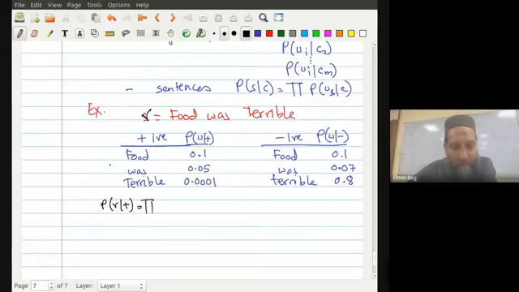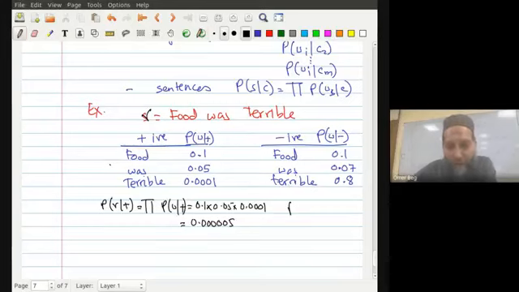We would be multiplying all these probabilities of the words for the positive class, 0.1 multiplied by 0.05 multiplied by 0.0001, and that would be 0.0000005. Okay?